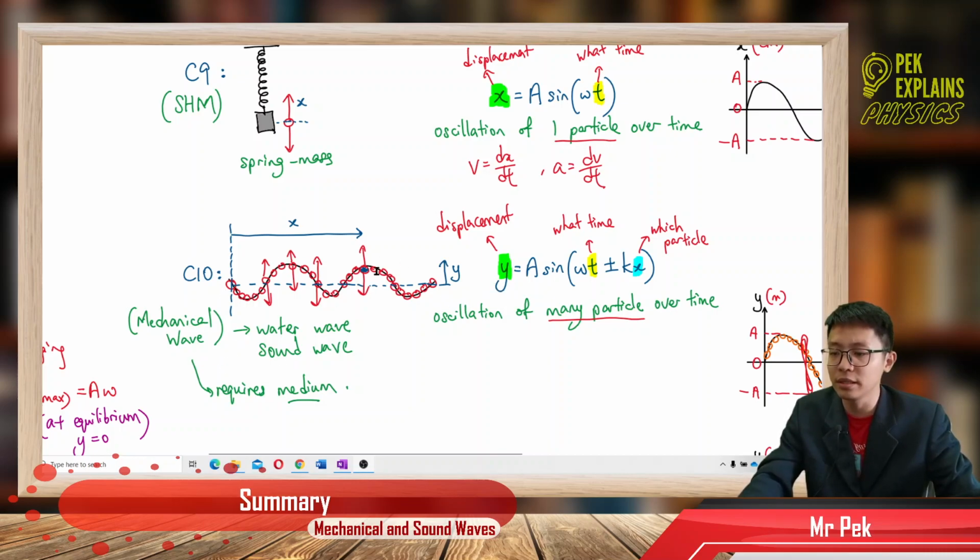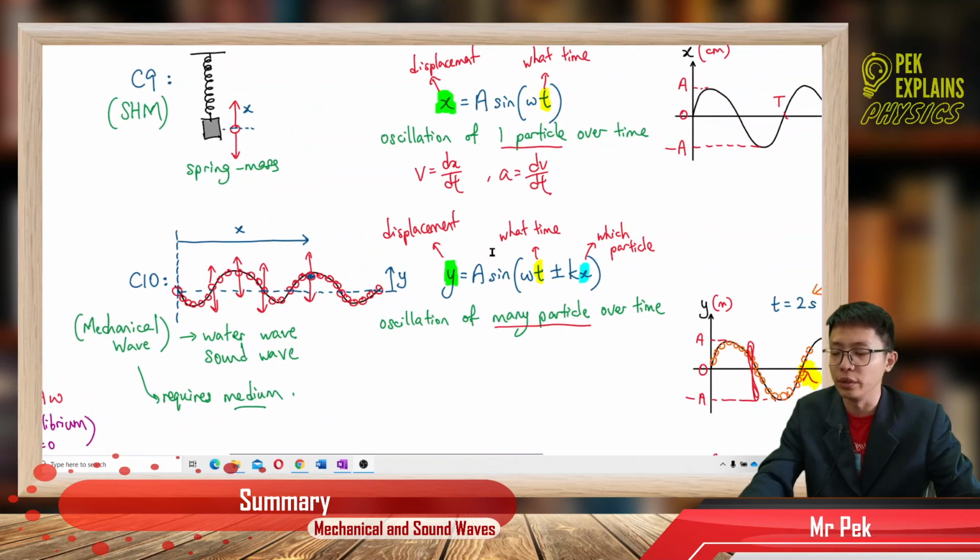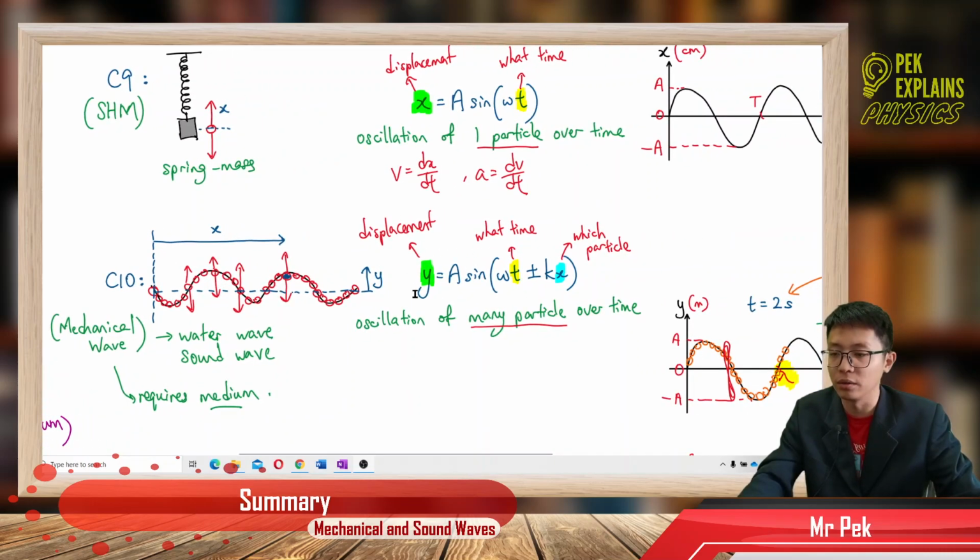We can consider this like the water surface. Water surface has many water particles. All of them oscillate up and down in order to transfer the wave to the right. So we use this equation, y equal to a sine omega t plus minus kx, to represent the oscillation of many particles over time.